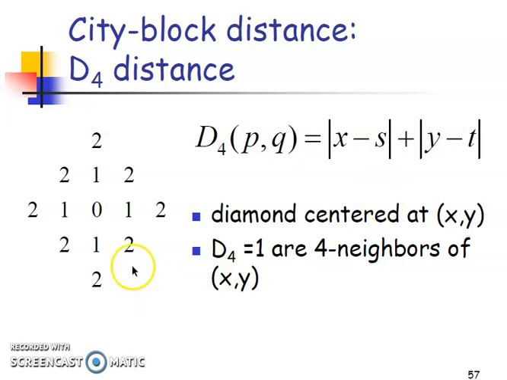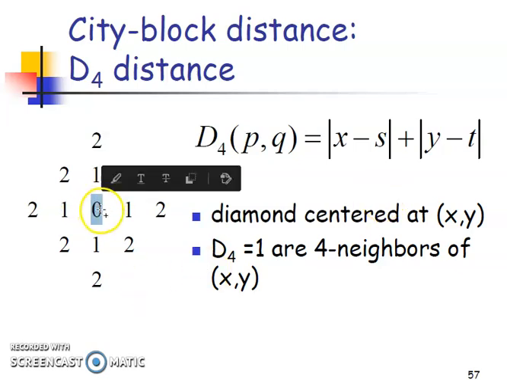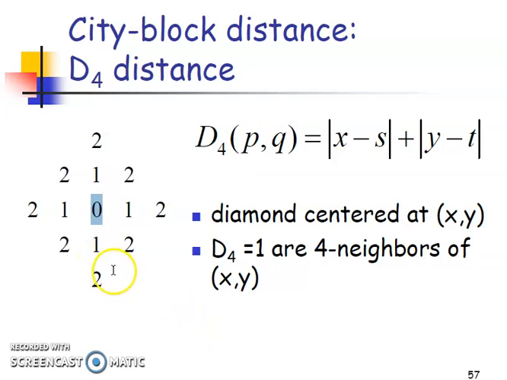If we consider this center pixel as pixel P, the D4 distance of 1 is nothing but these 4 neighbors. The 4 neighbors of pixel P are considered at a D4 distance of 1 from this center pixel, and the pixels represented by value 2 have a D4 distance of 2 with respect to this center pixel.